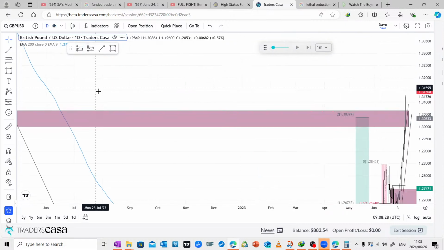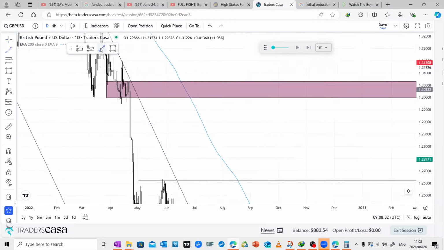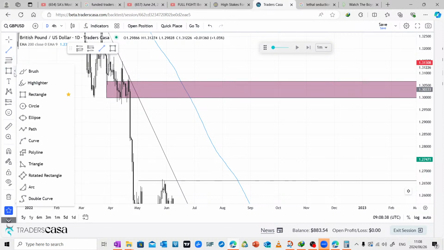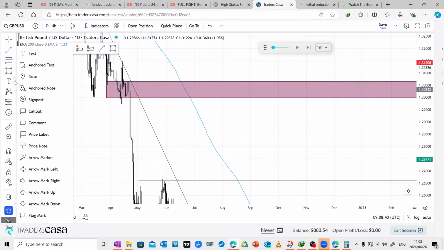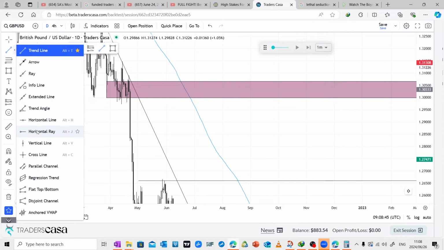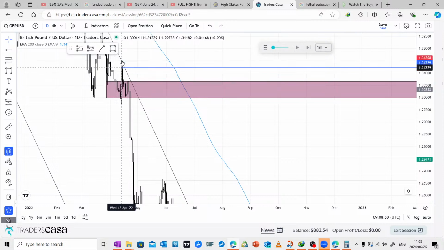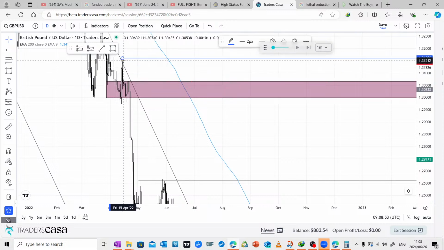Let's go back in the daily. Right. Can you see? Let me put a line. Where's the line? Right. So we have buy side resting there. We have also buy side resting here.